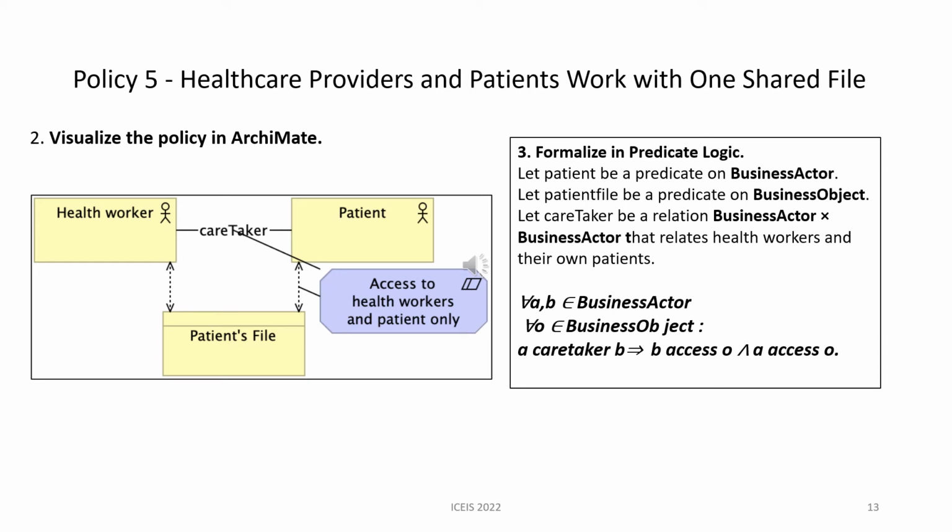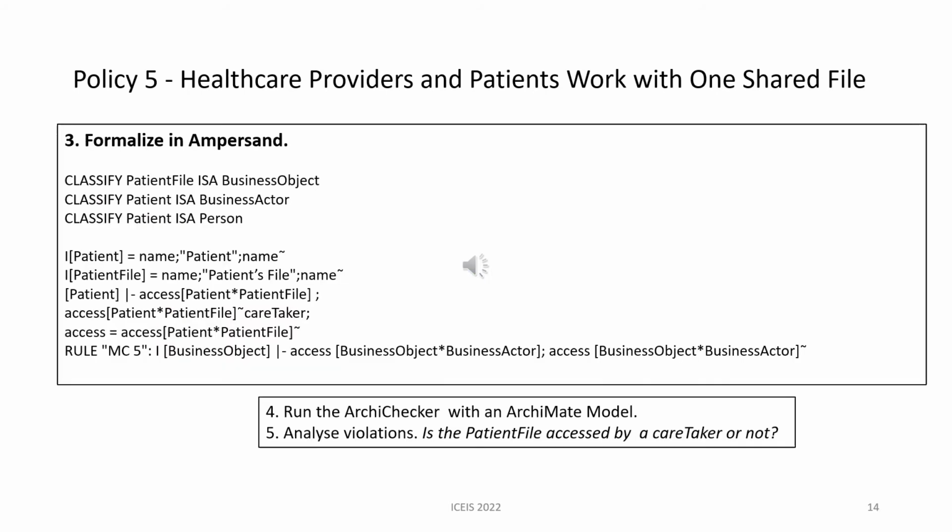Second, we need to visualize the policy in ArchiMate. This gives us elements of the meta model for formalization, business actor, business object, and we formalize this access policy using first the predicate logic. We also formalize each constraint in Ampersand.